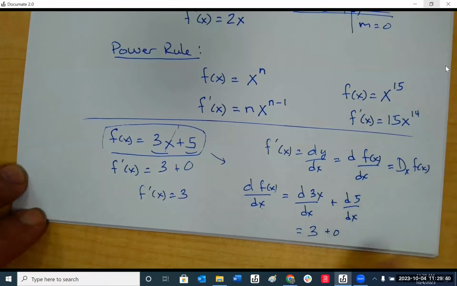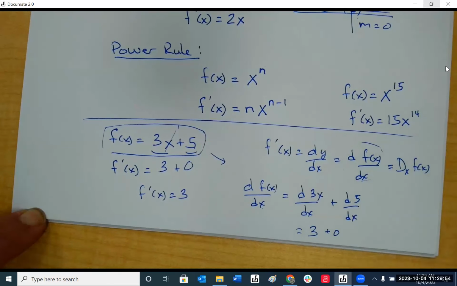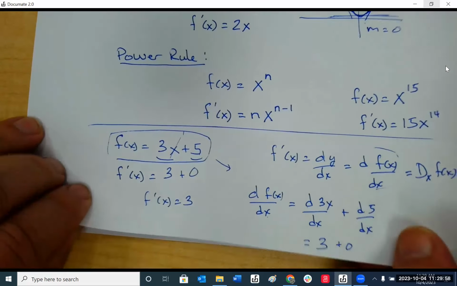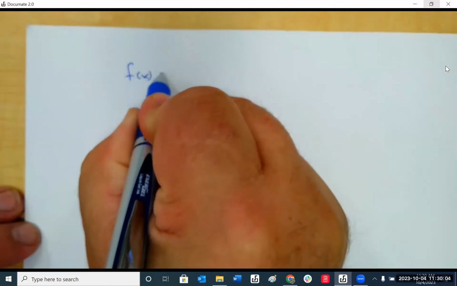So it's d of 3x over dx plus d of 5 over dx. It's the derivative of 3x with respect to x, and the derivative of 5 with respect to x, because it's this function here. And it's a constant, so it's 0.